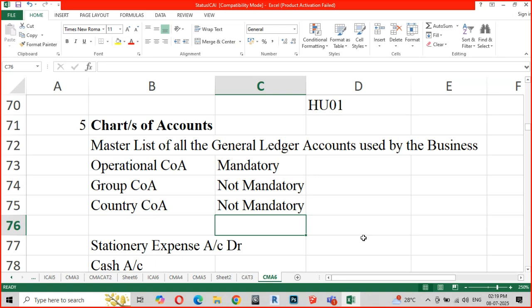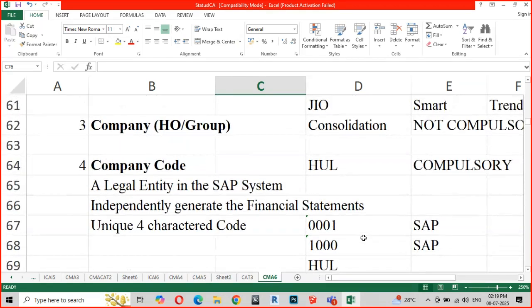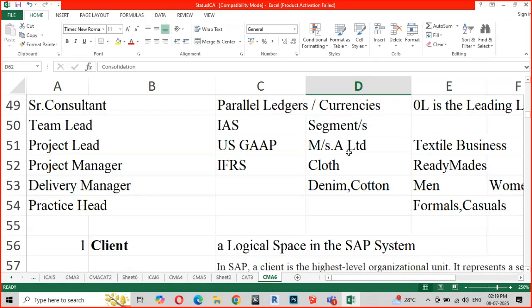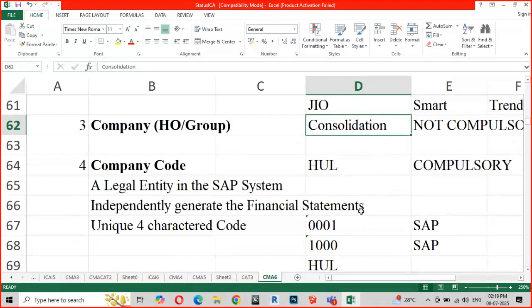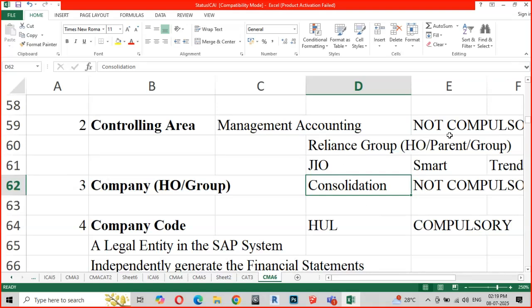Why is group chart of accounts mandatory? Only when you have the mother company and the company code concept. Only when you have the consolidation. Only when you have the scenario where you have the mother company, the group company, and the reporting company. Only in this scenario will you have the group chart of accounts as mandatory.